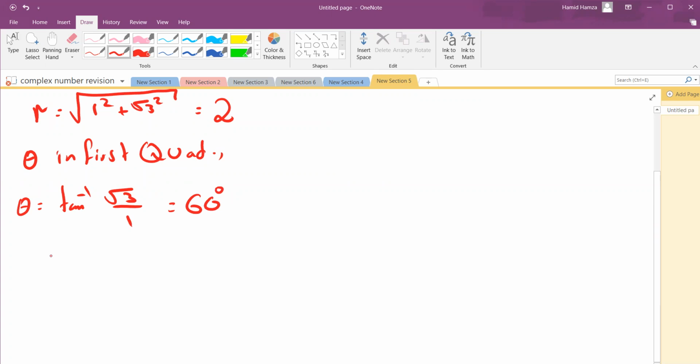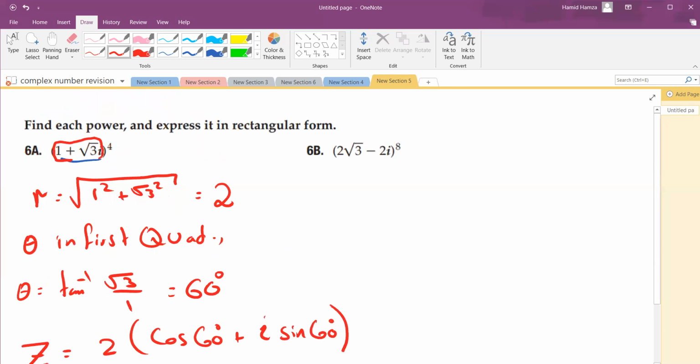Yes, 60. So let's write the angle in polar form. Z will be 2 cosine 60 plus i sine 60 degrees. Now we want to find power 4.